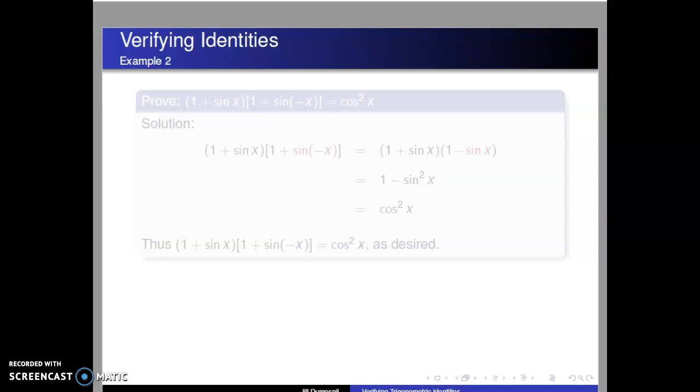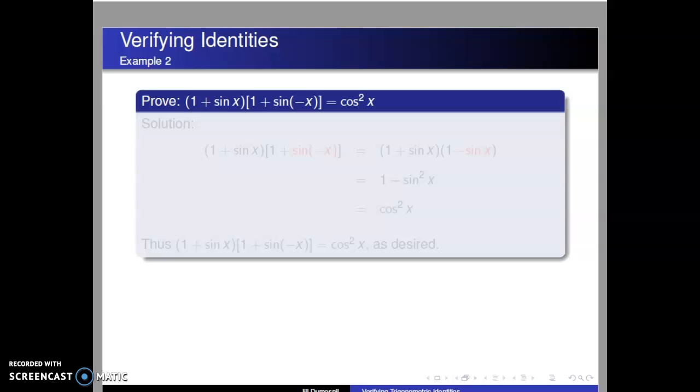Let's consider a second example. This time, let's prove that the product of 1 plus sine x times 1 plus sine of negative x equals cosine squared x. We will again start with the more complicated expression and use the fact that sine is an odd function and replace sine of minus x with minus sine x.